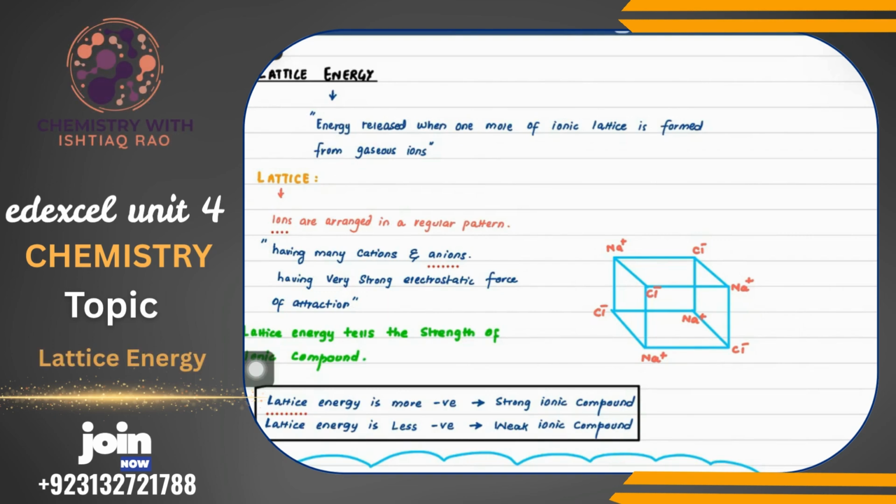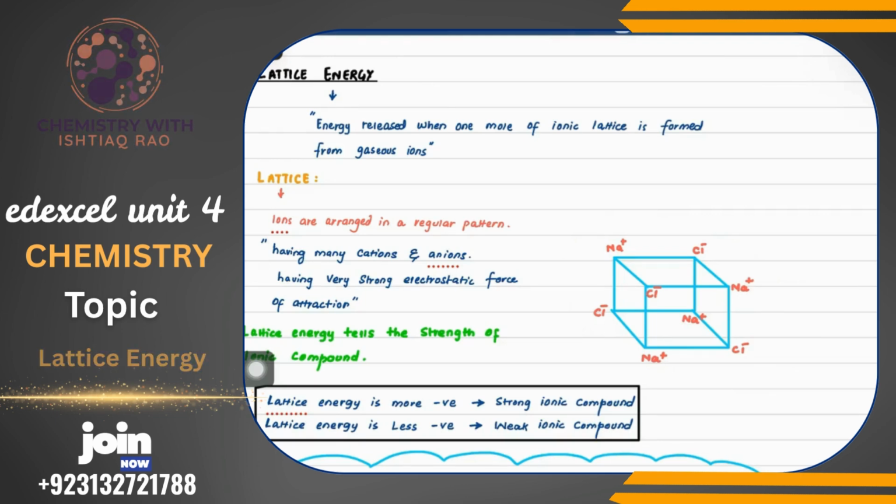In a lattice structure, you will see multiple cations and anions like that. A lot of ions are present. So due to this, there would be very strong electrostatic force of attraction. So this is a strong, hard structure, and more energy would be required to break down the lattice, to overcome the force of attraction. So generally, this is very strong.